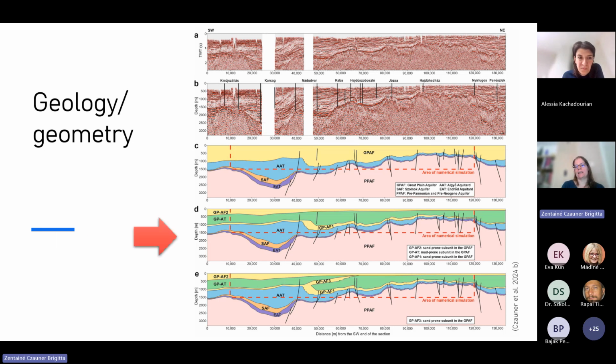And we found that the numerical simulation with the second geometry gives us the best representation of the interpretation of the measured hydraulic data of the previous hydraulic cross section.